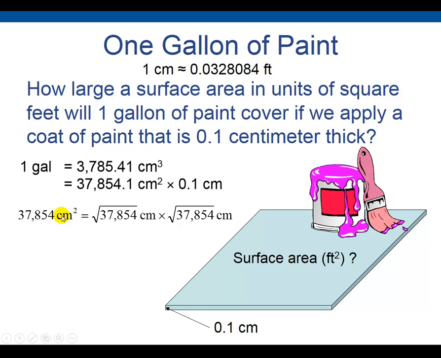Square centimeter, centimeter squared is centimeter times centimeter. So simply we can convert it. This number we can convert into feet. 6.38. So the area is 40.7 square feet. That's the answer.